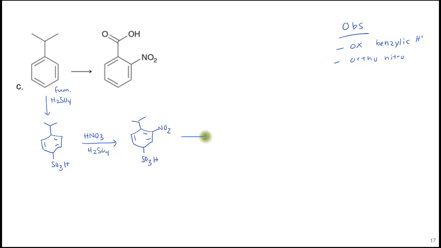Now I need to remove my blocking group with dilute H2SO4. And then I can oxidize with permanganate.